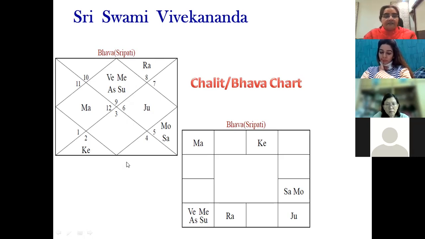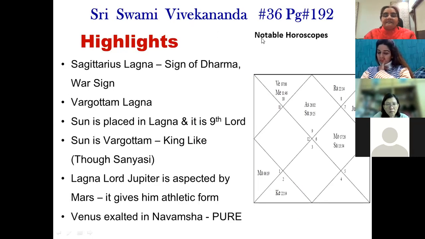Now, if you see, these are the highlights. We cannot read and understand each line by line, but we can make our notes and then read it. From this chart, we can understand that Sagittarius is the Lagna. Clear?